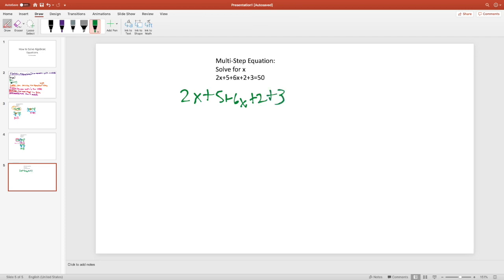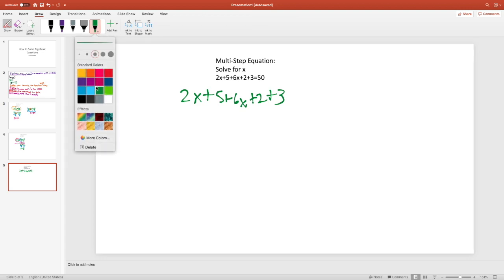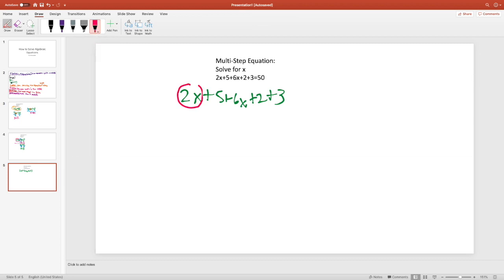I'm going to circle the coefficients. A coefficient is a term with a variable, just in case you're confused.